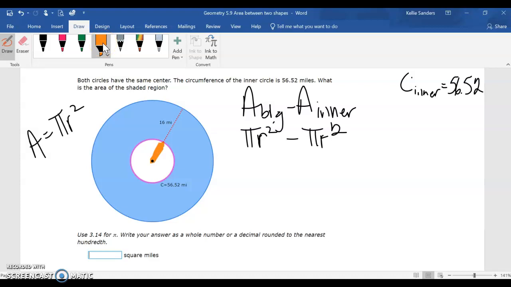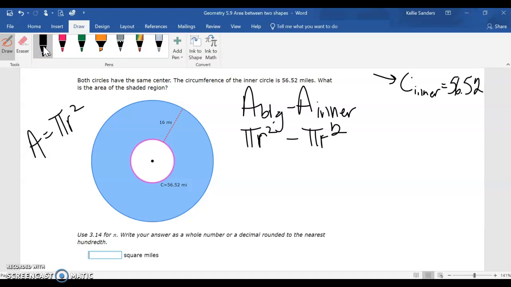And if I did, then I would know the inner circle's radius. And then if I added it to 16, I would know the bigger circle's radius. So how am I going to figure out what the inner circle's radius is? Well, probably using this information right here, because that's why they gave it to us.